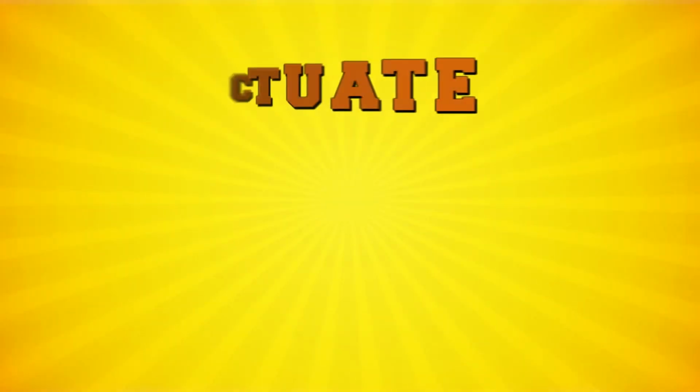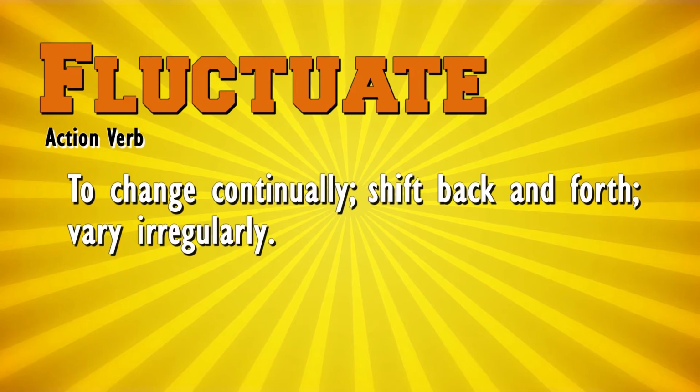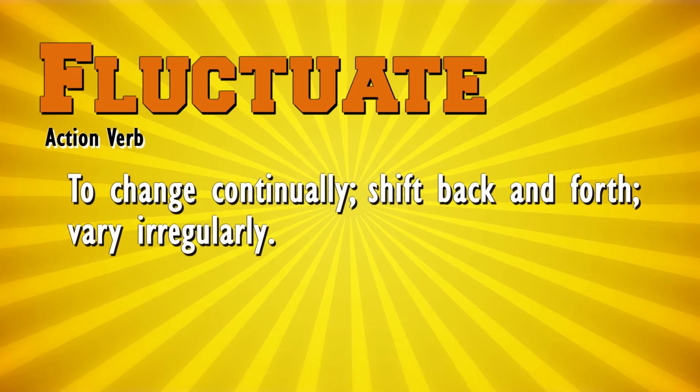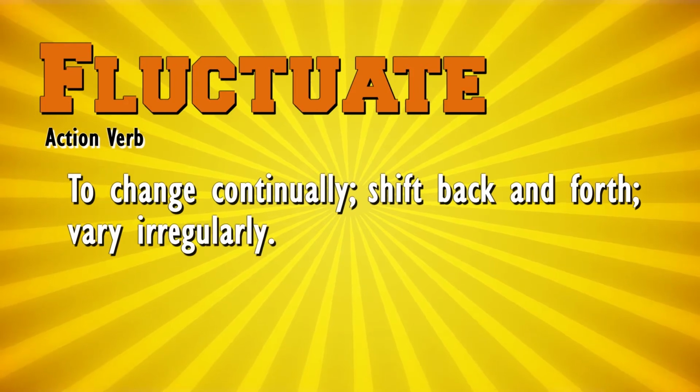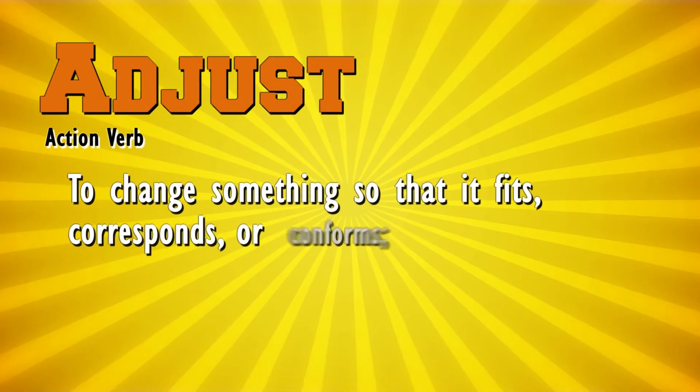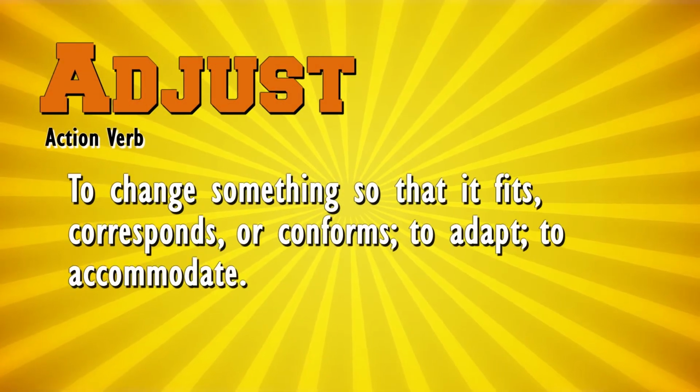That's the mistake we often make with a thesaurus. It's not about which word looks the smartest, it's about which word has the right nuances to make it perfect for this situation. So let's look at the definition of each of these words. Fluctuate means to change continually, shift back and forth, vary irregularly. Adjust means to change something so that it fits, corresponds, or conforms, to adapt, to accommodate.